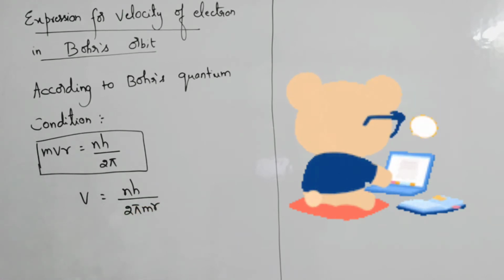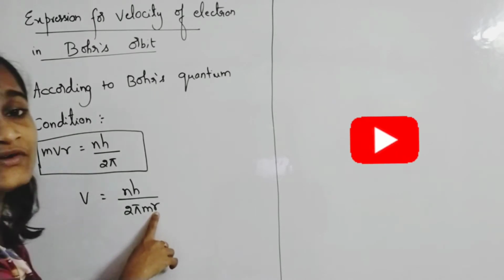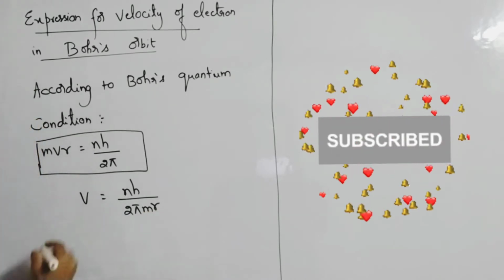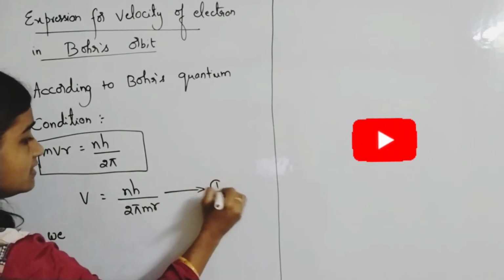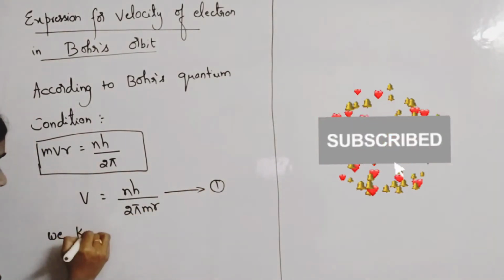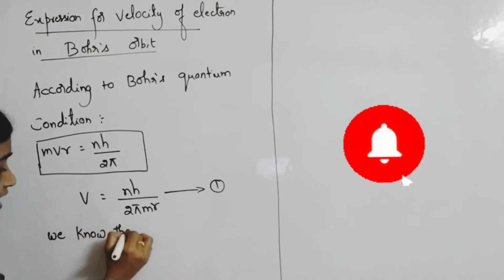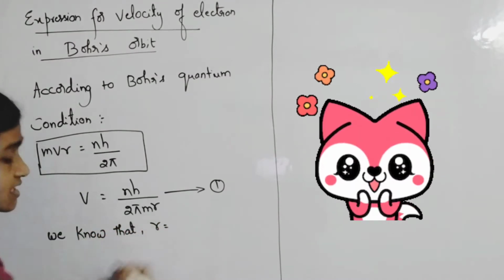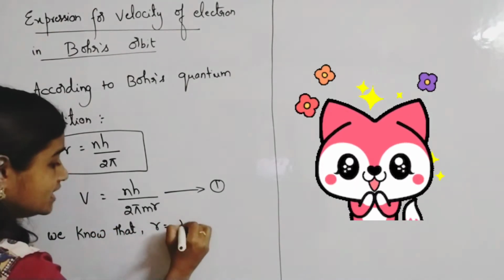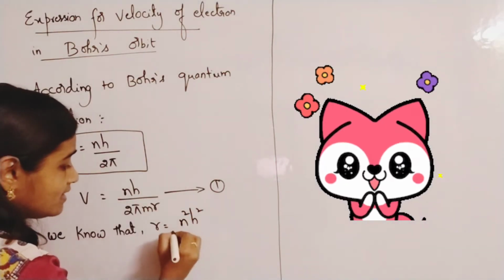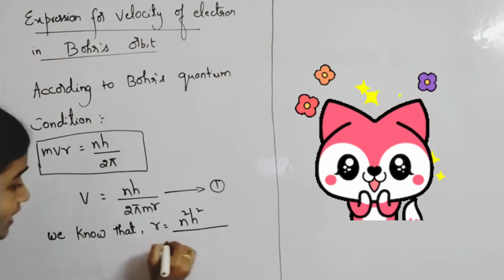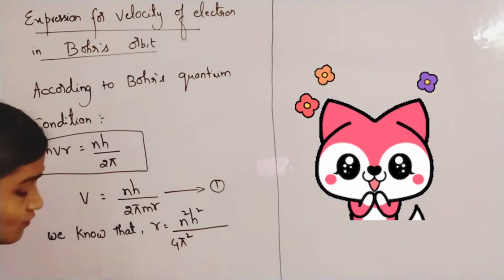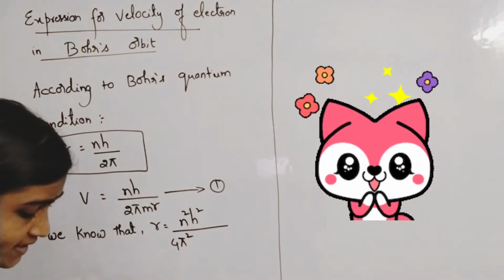Now in place of r, you can substitute the value for the radius of the orbit. Taking this as equation 1, we know that r is equal to n square h square by 4 pi square me square z.